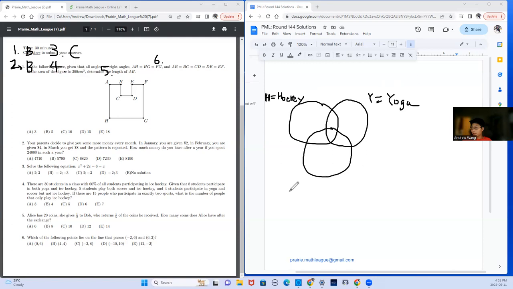And the bottom we'll put as soccer, and S equals soccer.